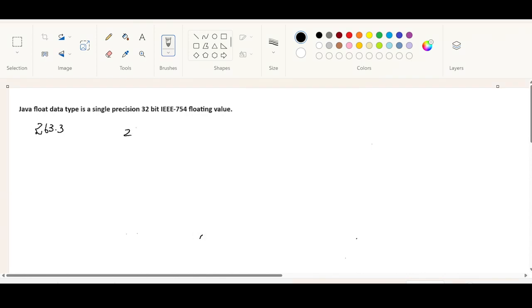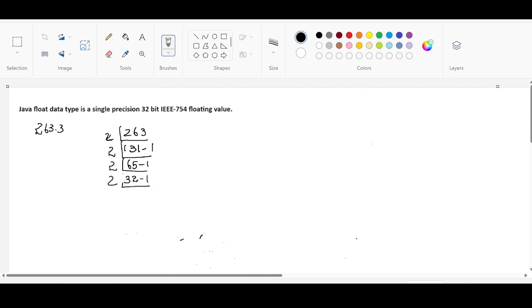So 263, let us find the equivalent binary number for 263. 2 ones are 2, 2 threes are 6, 2 ones are 2, and the remainder is going to be 1. Again we keep dividing by 2. We know this procedure already. 65 divided by 2 is 32, and the remainder is 1.